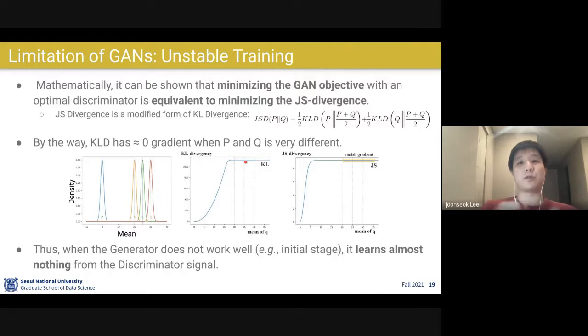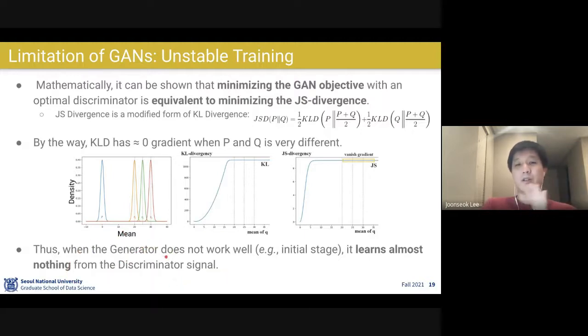So the gradient will be close to 0. And they argue that this one is actually causing another diminishing gradient problem, and it causes the unstable training again. So this is what you need to just remember.